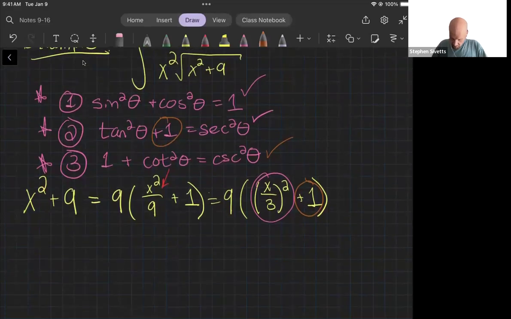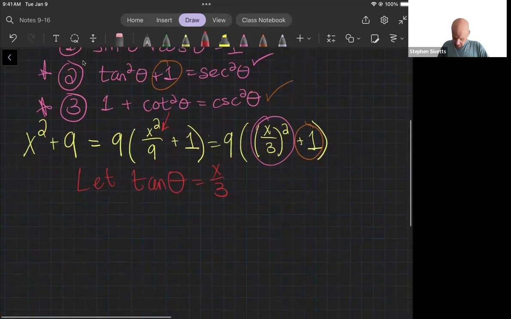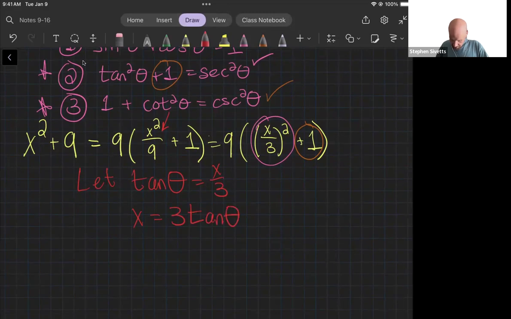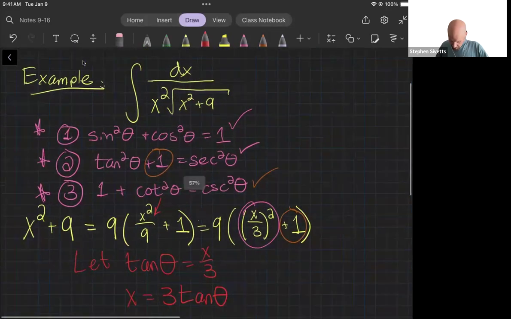So one substitution is: let tangent of theta equal x over 3. So in this case, let x equal 3 times tangent of theta, okay?